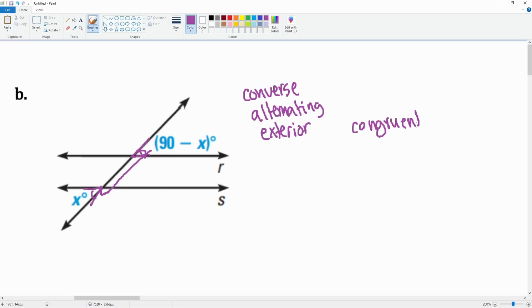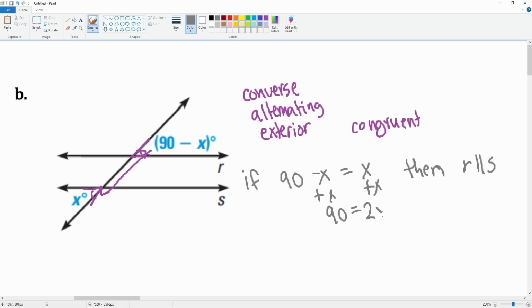So if 90 minus x is equal to x, because this says congruent, then R is parallel to S. For that to be valid, let's add x to both sides. You get 90 is equal to 2x.